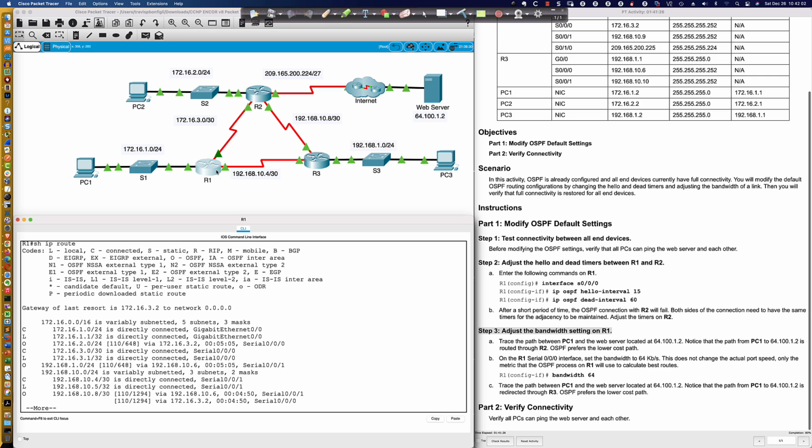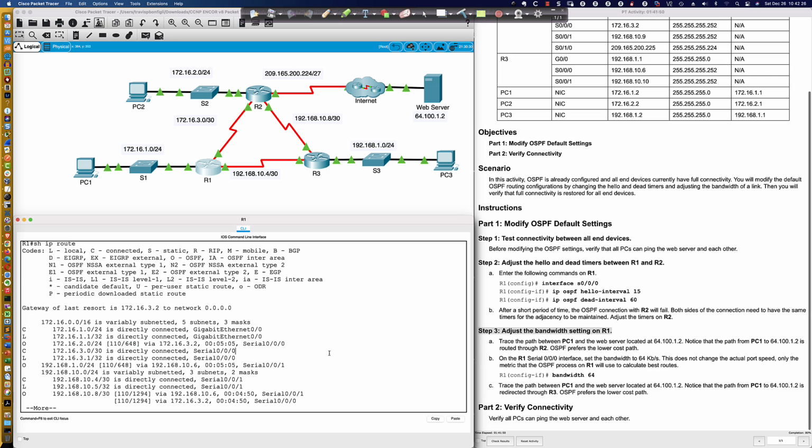Well, we already know that the total cost is 648 from router 1's perspective to come here and go here. All I would have to do is make the cost setting on that interface worse than if I go here and here and out. And so how could we calculate that?